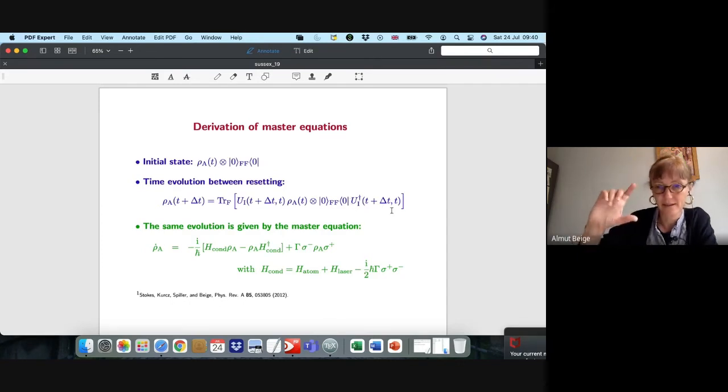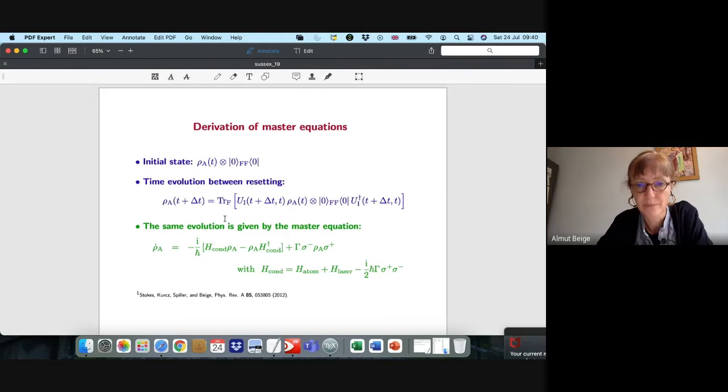So if an atom is excited, it will transfer its excitation into the photon field, and then these photons will fly away, and once they get absorbed, I trace out the field, and that will tell me how the density matrix of the atom changes from one initial time t to a short time later, t plus delta t.